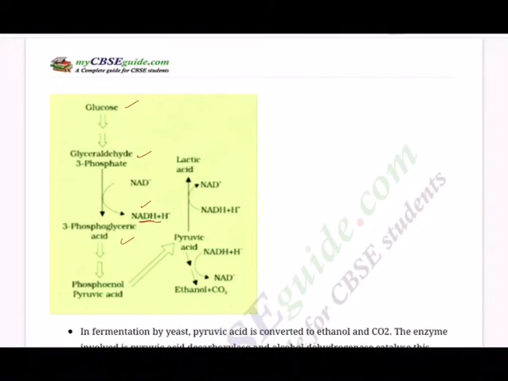And this phosphoenol pyruvic acid, when oxygen is not available in rich state, or when oxygen is absent in the muscles, will form lactic acid. So pyruvic acid is converted to lactic acid, and now a rich NADH molecule is converted back into NAD.